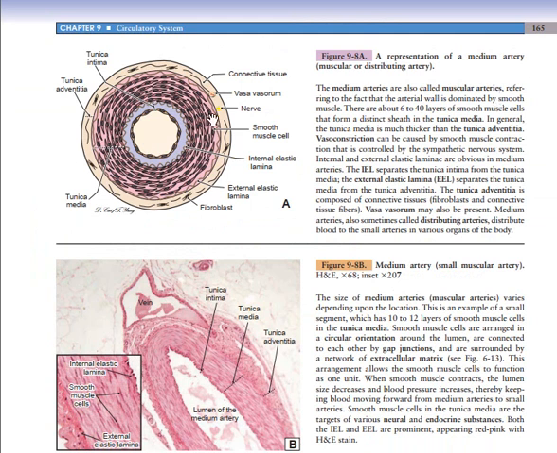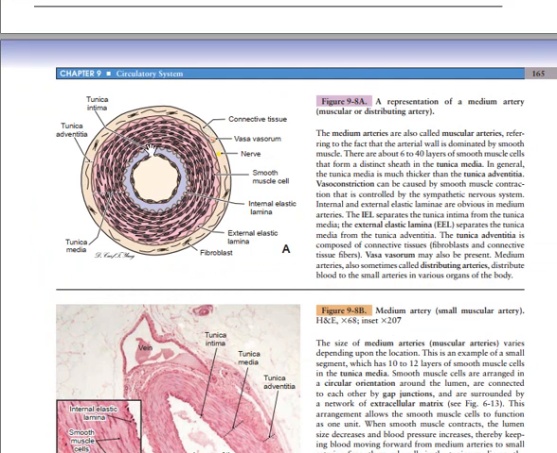Now this is a representation of the medium arteries. Here you still have the tunica intima with the endothelial layer and the subendothelial layer. Outside, we now have the tunica media. These arteries are also called muscular arteries. That's why the tunica media here contains many layers of smooth muscle.